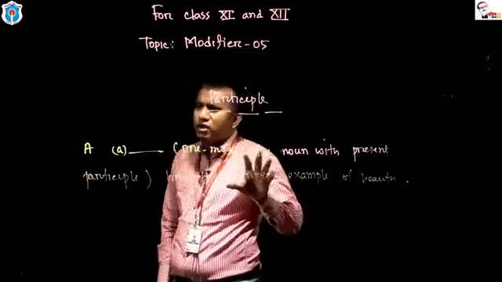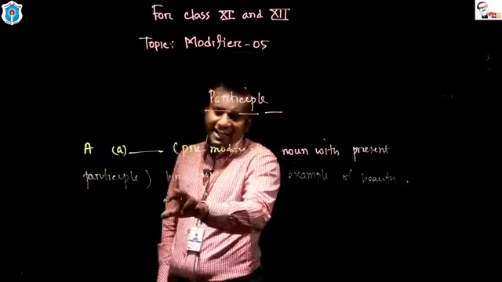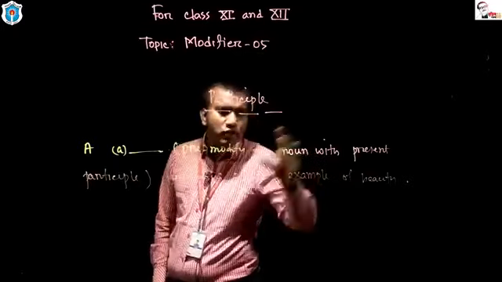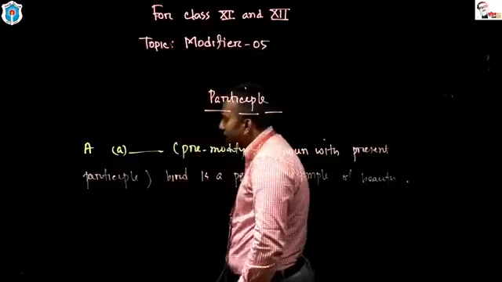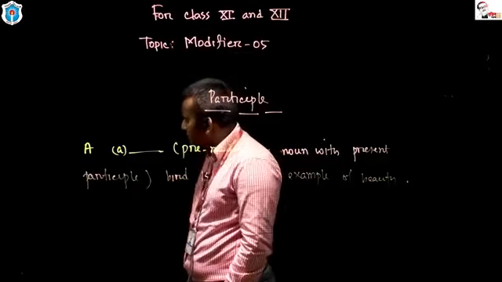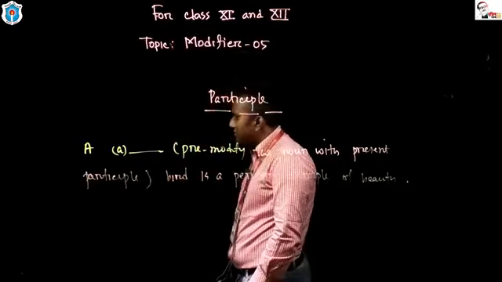A dash bird is a perfect example of beauty. In the bracket, you have to use a present participle. I will discuss every participle in detail, but give me the answer.